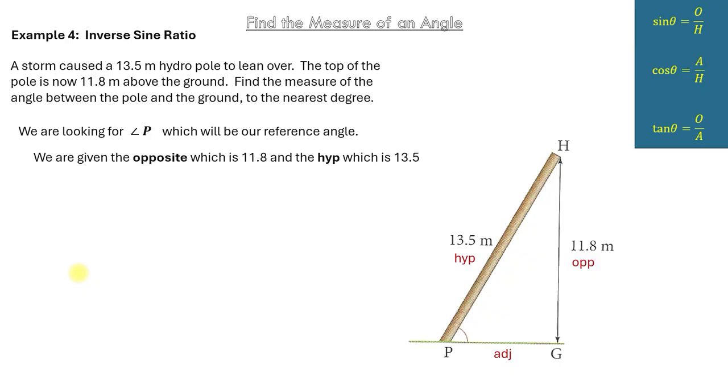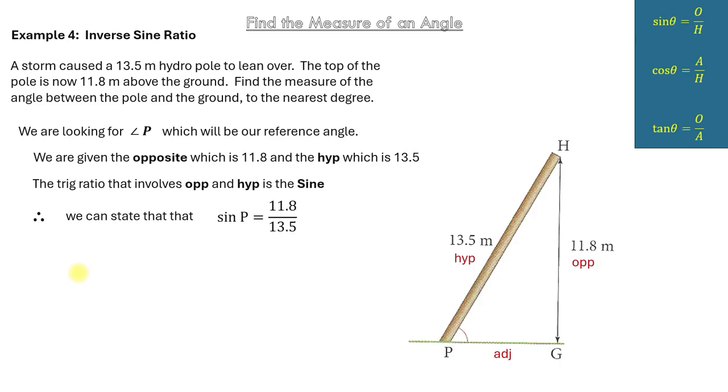So the trig ratio that uses opposites and hypotenuse is the sine. So we can say the sine of angle P equals 11.8 over 13.5.